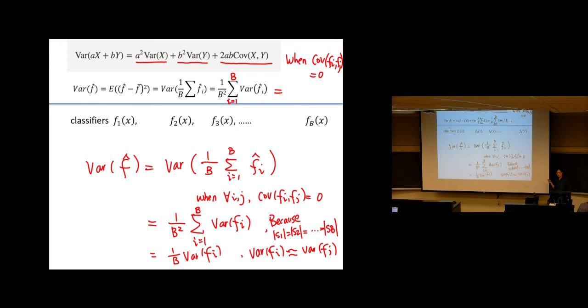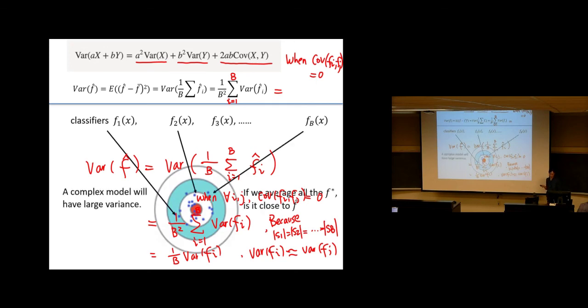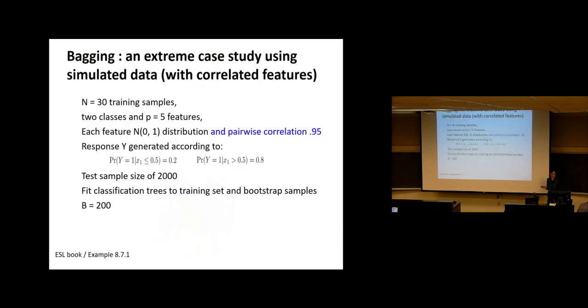Okay, a question about this: there are a lot of assumptions here. I'm assuming all the trees are not correlated to each other, that their predictions are not correlated. Now let me show you an example which shows the previous assumption doesn't hold.